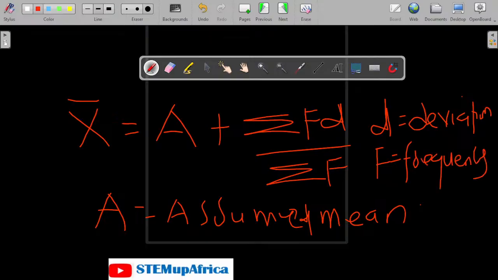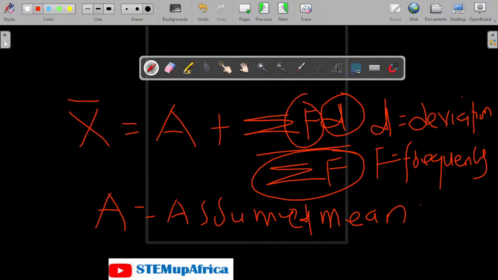Now that I've written the formula, it will guide me to solve the question. That means I need to get summation F. I need to get the deviation, then multiply the frequency with the deviation. Then I also need to get my assumed mean. So the formula will guide you to the solution. If you don't know the formula, it will be very difficult for you to do anything about the question.